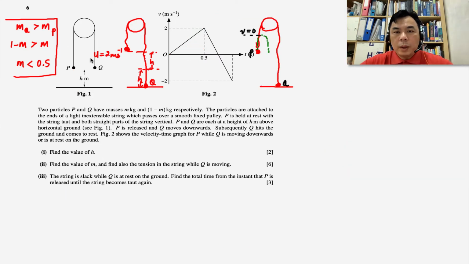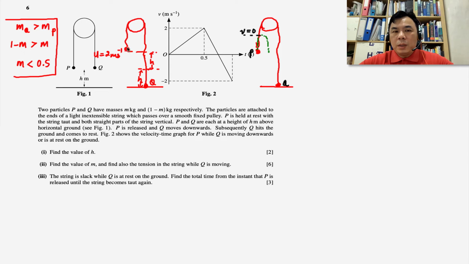All right, welcome back. Let's look at the last section here. Now, here I have already drawn two conditions for the moment when the string is slack, or when particle Q has reached the ground. That is the point when the string is slack.